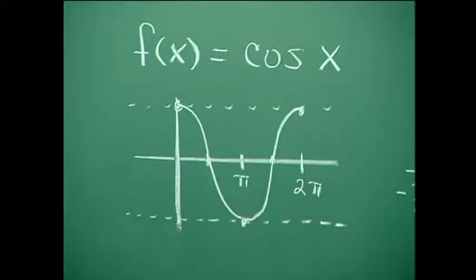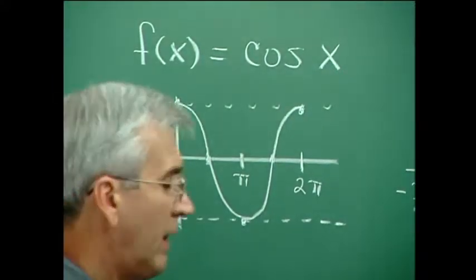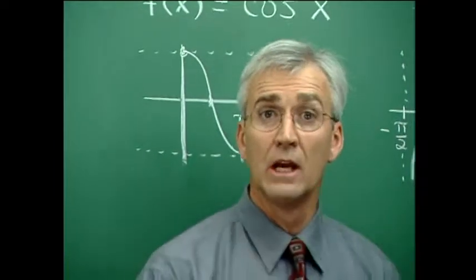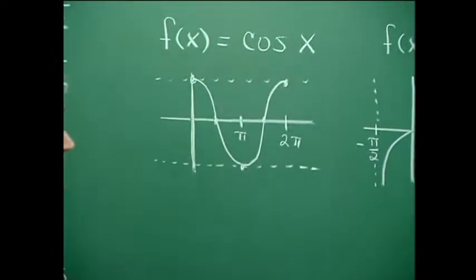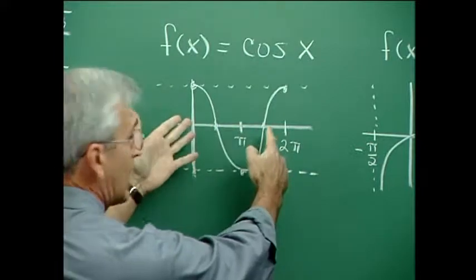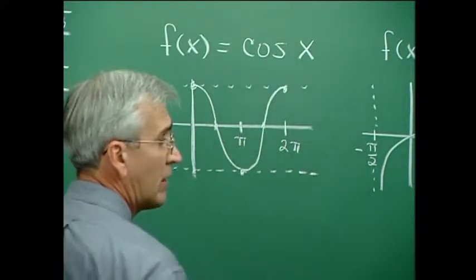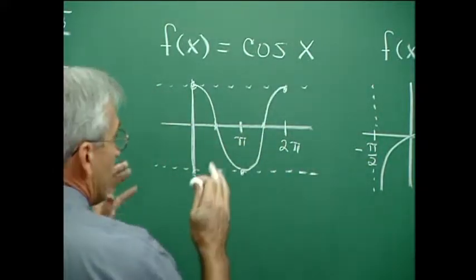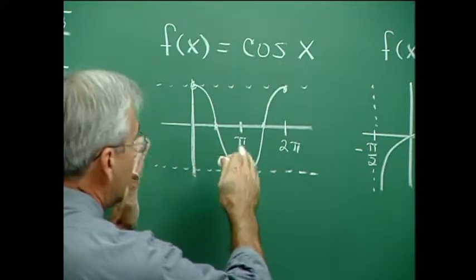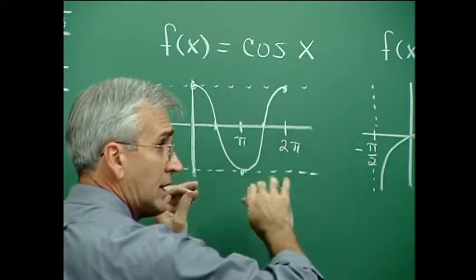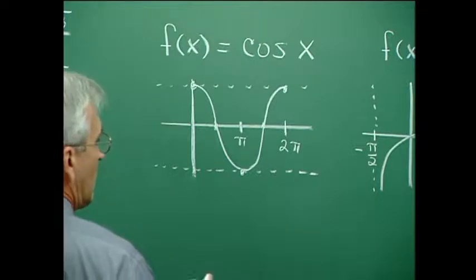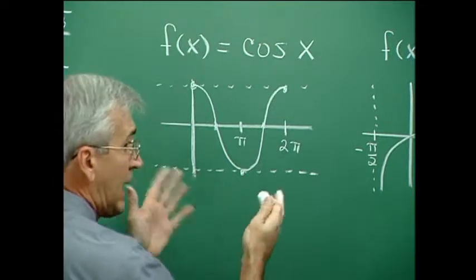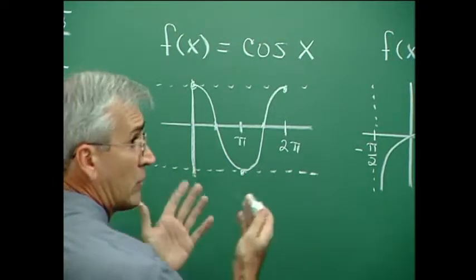Let's look at a couple of other inverses now, and we'll return to the calculation idea in just a little bit. First of all, for cosine x, we know that the graph looks like this, and it continues in this pattern forevermore, and so the graph of the function fails the horizontal line test rather miserably, and therefore the inverse will not be a function. We have to limit the domain in order for the inverse to be a function.